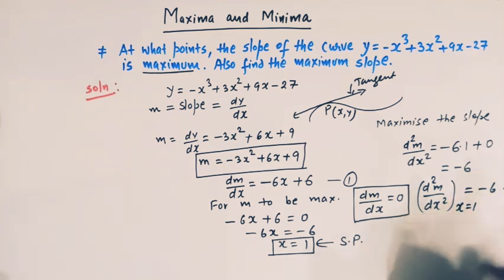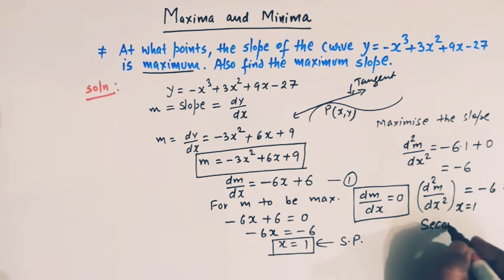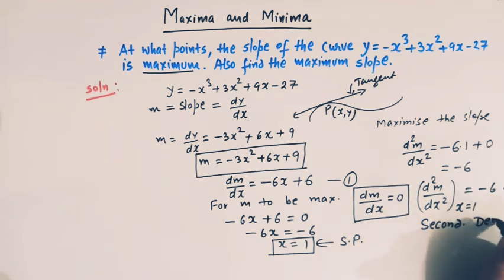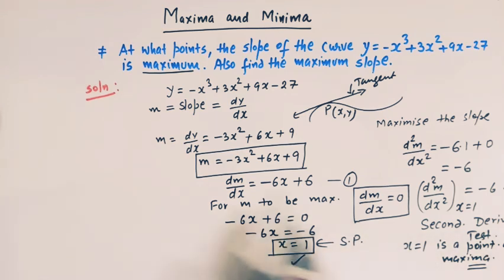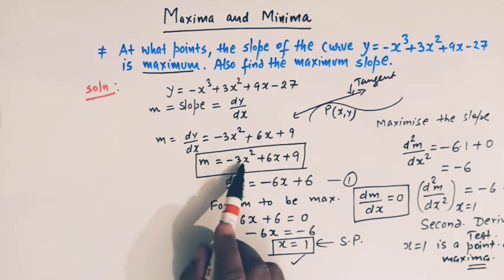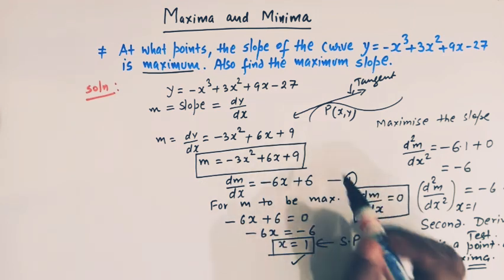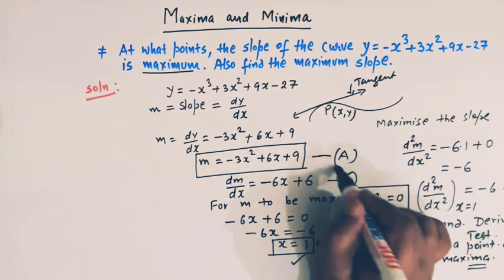Now by the second derivative test, we conclude that x equal to 1 is a point of maxima. This is a point of maxima, and the maximum value of the slope can be obtained by substituting x equal to 1 in equation A, right?